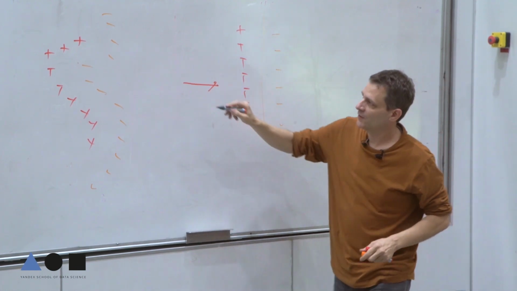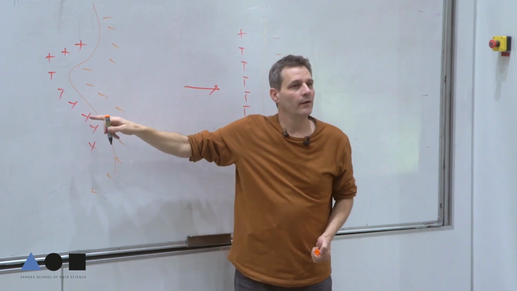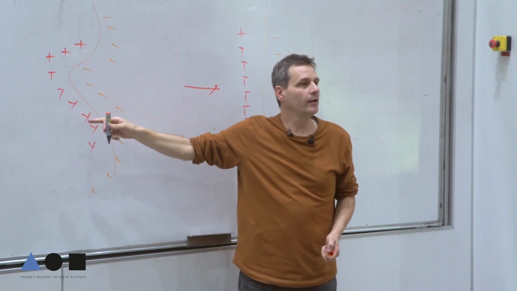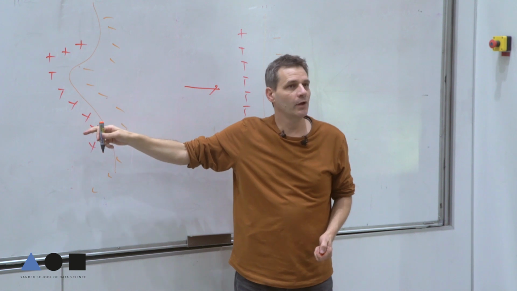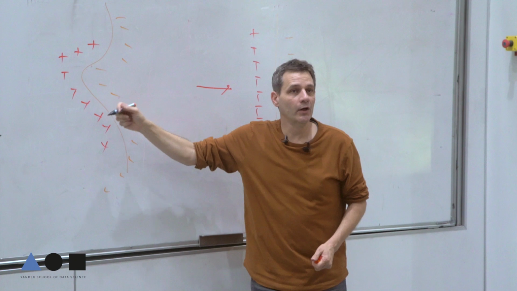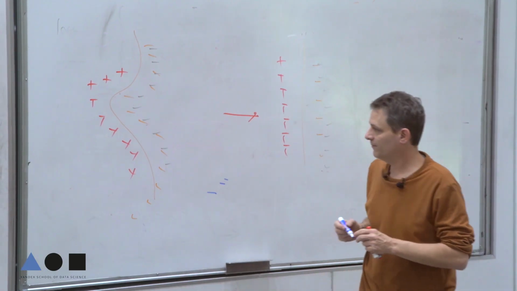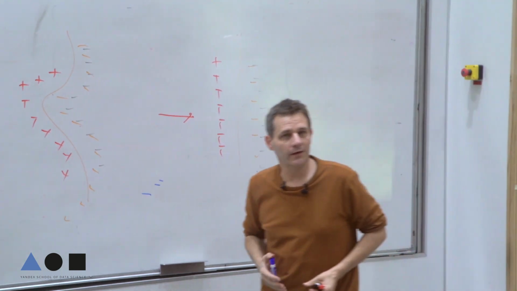So before you do the transformation, there is a separation, but it's not linear. Here, this is the original data with a nonlinear separator. You do a nonlinear transformation, and then you have a linear separator. OK, but you got the idea.